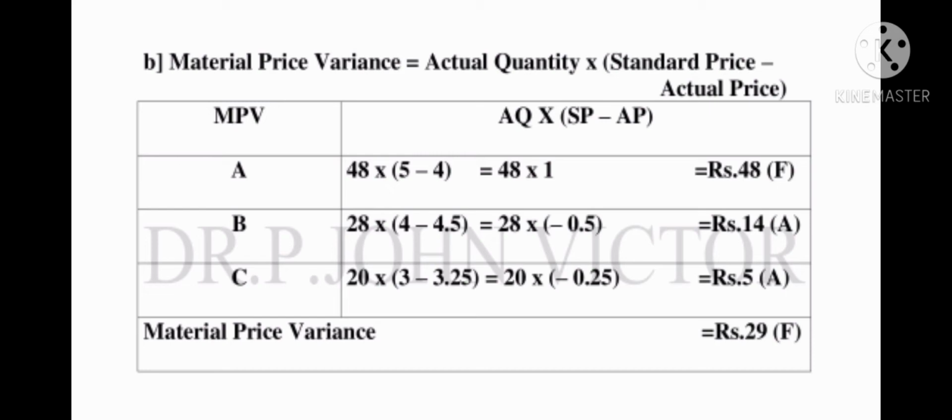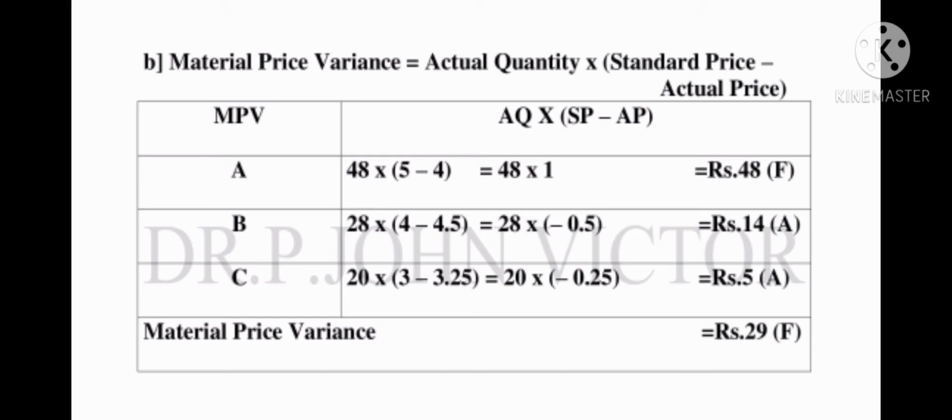Again I take all three products A, B, C. First for product A, 48 is the actual quantity, standard price 5 rupees, actual price 4 rupees. That means 48 into 5 minus 4, the bigger value is 5, so the positive value is 1. 48 into 1 is 48, it is a favor value.